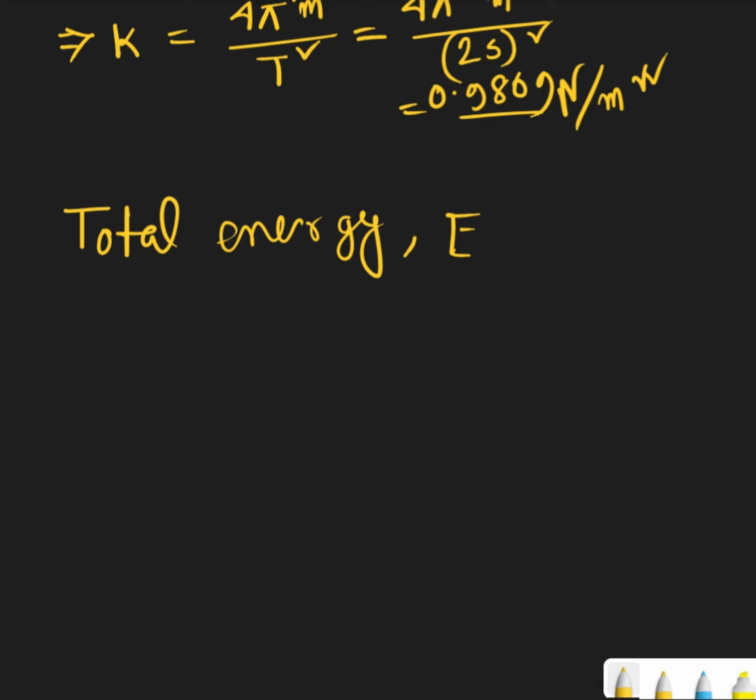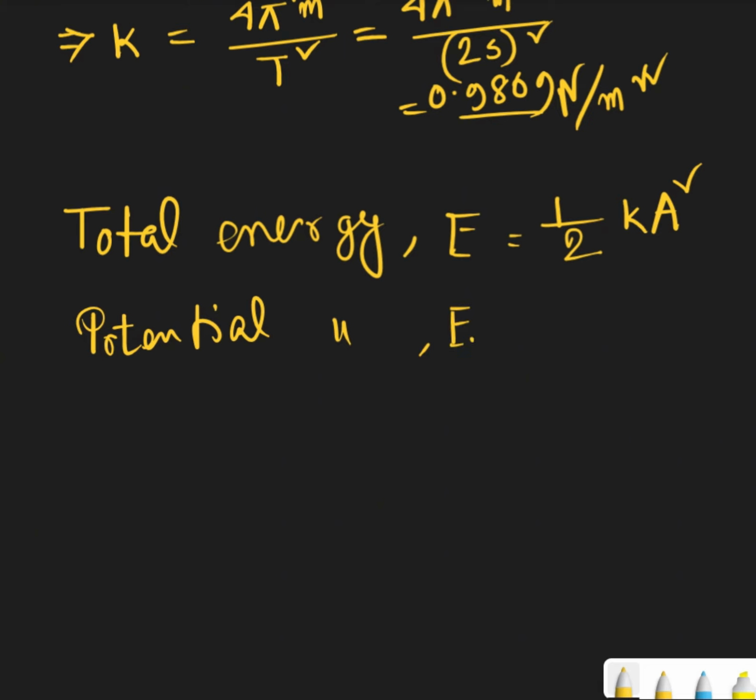So total energy E is equal to half k a square. This a is the amplitude of the simple harmonic motion. And the potential energy EP is equal to half k x square, the displacement.